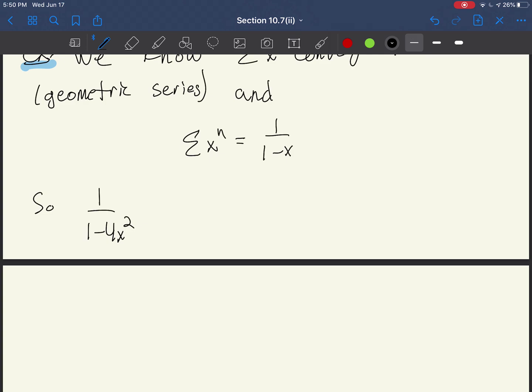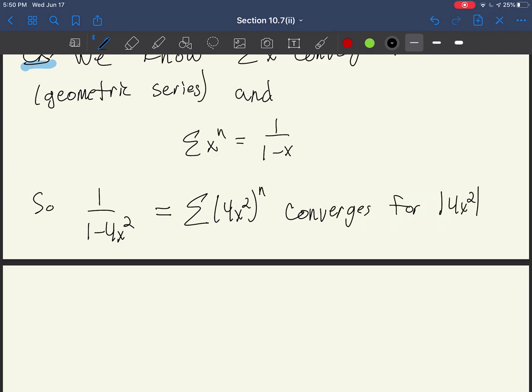So if we wanted to find 1 over 1 minus 4x squared, well, this is exactly replacing x in 1 over 1 minus x with 4x squared. So all we have to do is replace x in the power series representation with 4x squared.